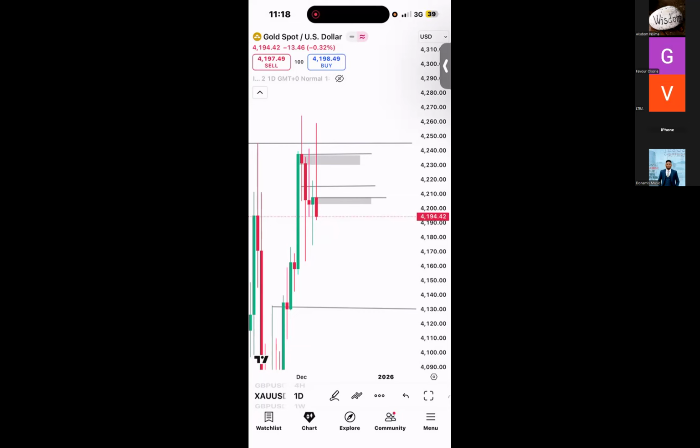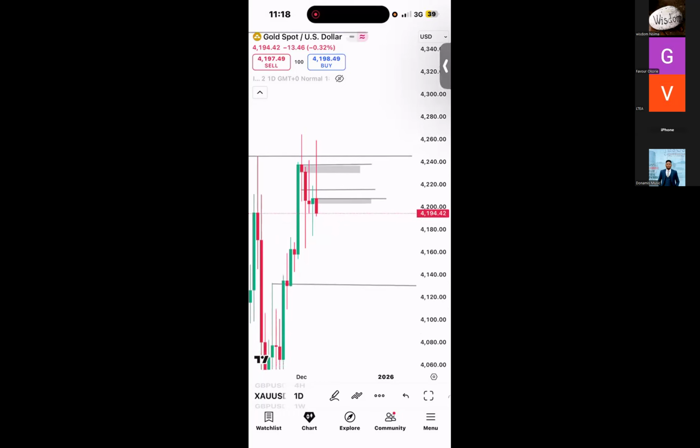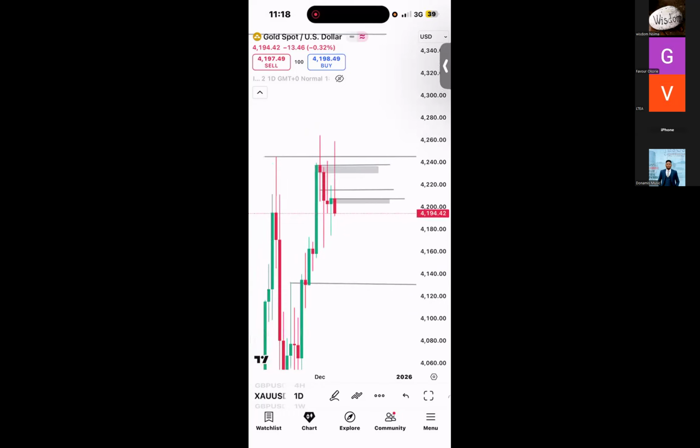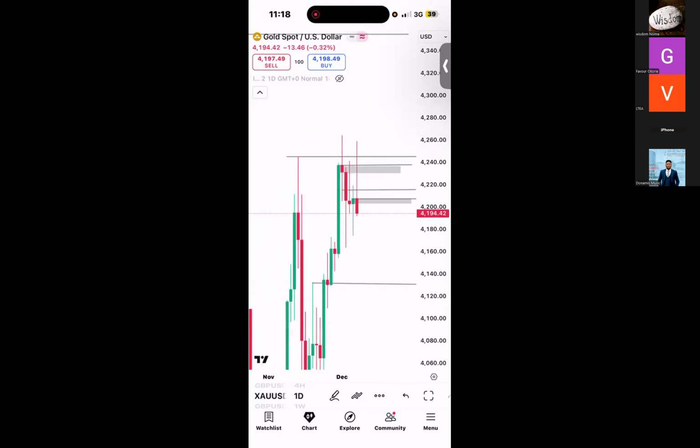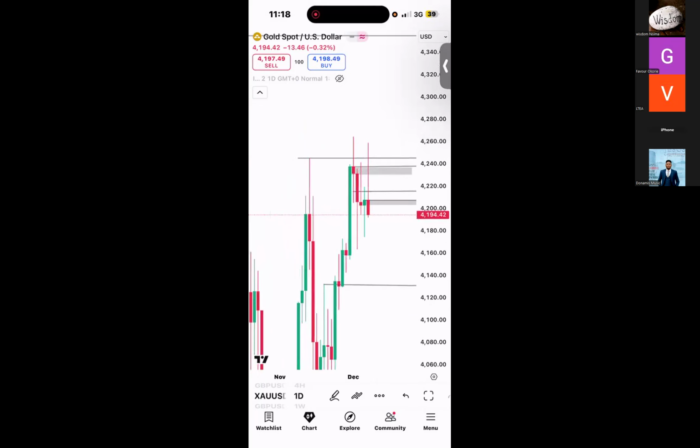Correct. That is the correct thing I'm seeing. There is no order block here because none of this is valid. And even if there is an order block, the one that is marked out is not even an order block, and it has been mitigated.